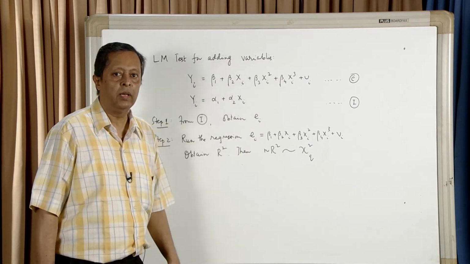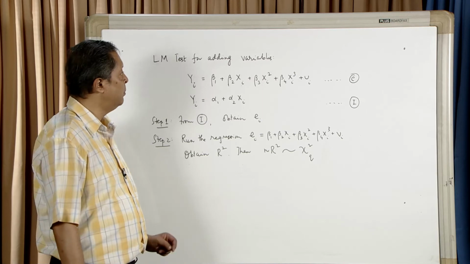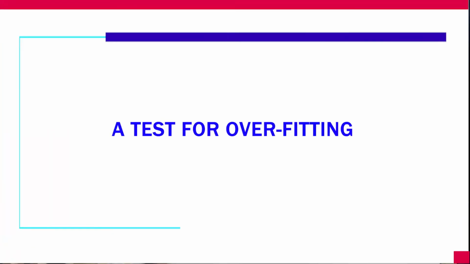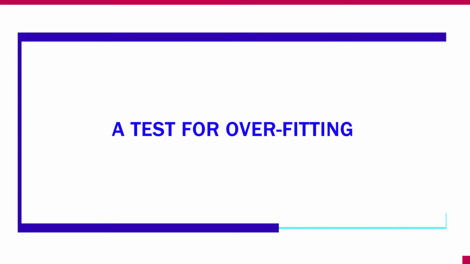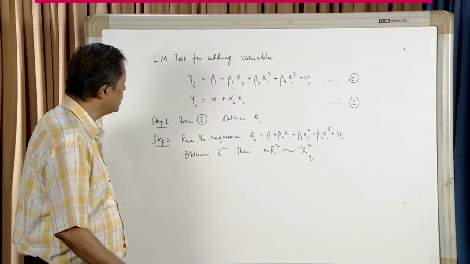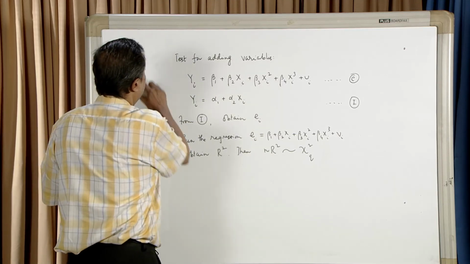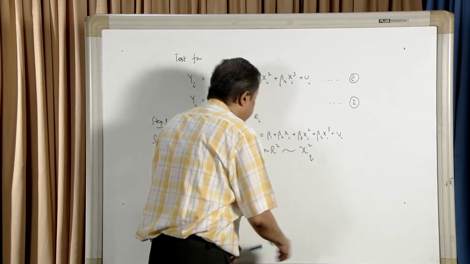Next, we will take a look at a test where we will detect whether the model is overfitted. It is also very simple. So, we are modifying this and we are writing test for overfitting.